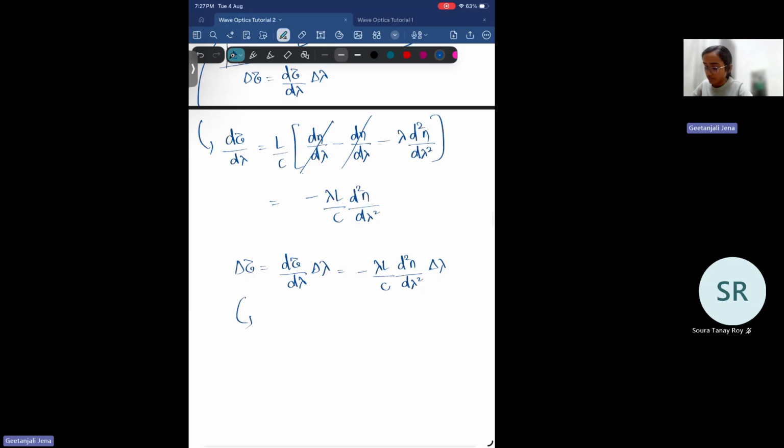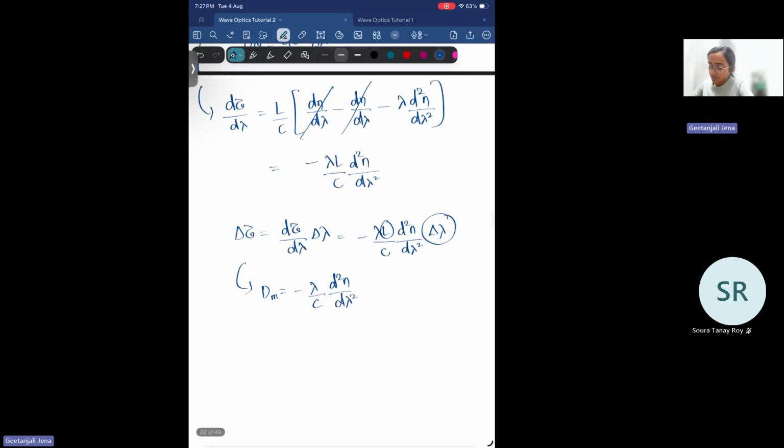The more accurate term for this is the material dispersion coefficient. For now, there is no need to remember this. It is lambda by c d square n over d lambda square. We divide delta tau by delta lambda and L to get this material dispersion coefficient.